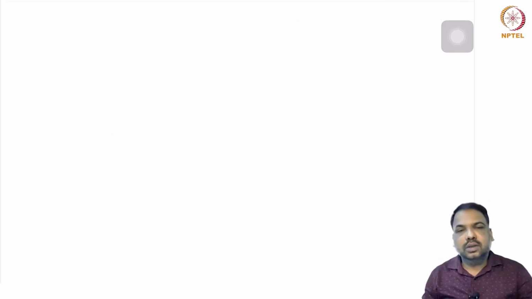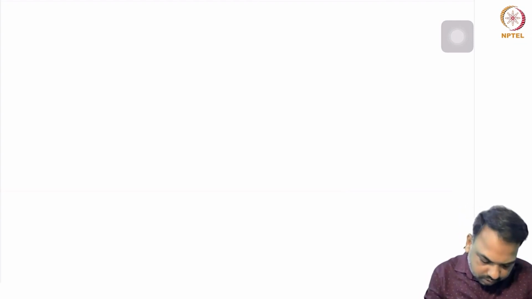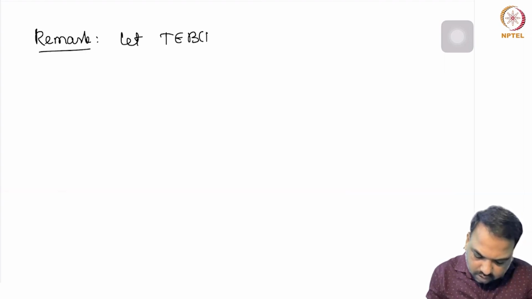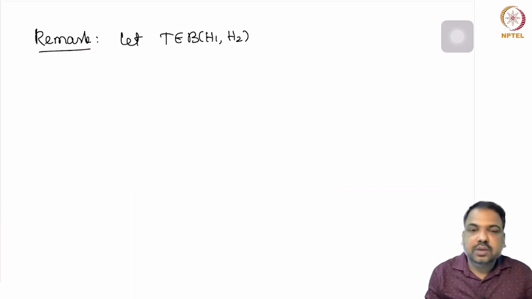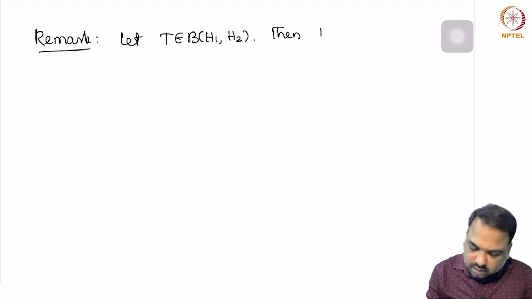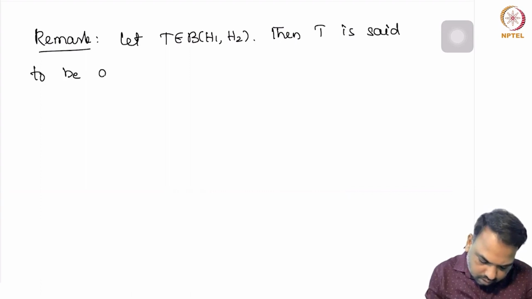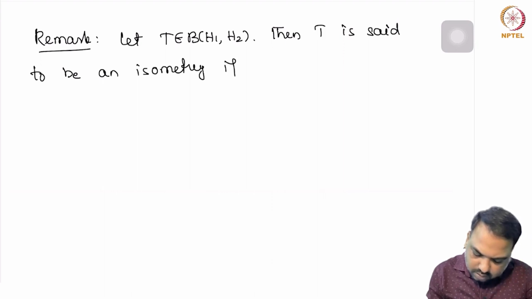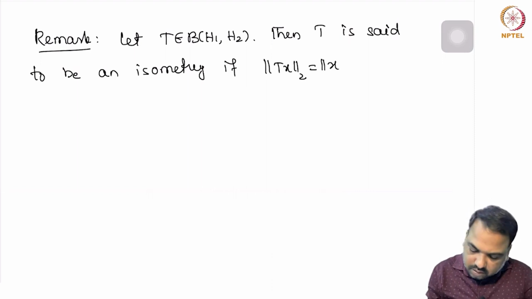We can also discuss isometries defined between two different Hilbert spaces as follows. Let T be a bounded operator from H1 into H2, then T is said to be an isometry if norm Tx in the second Hilbert space equals norm x for every x in H1.